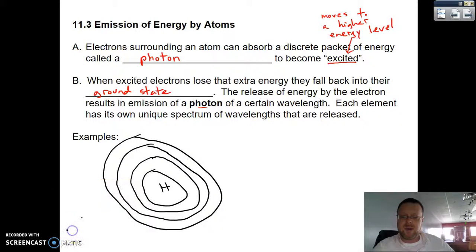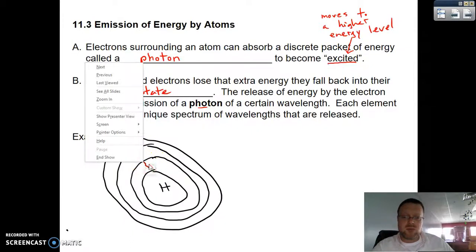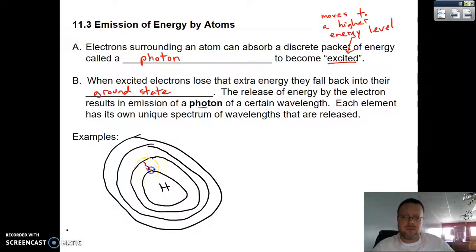Let's suppose that the electron falls from energy level 2 down to energy level 1. That's a low level transition, not a big energy gap, so maybe the electron released a red photon, which is the lowest energy photon.